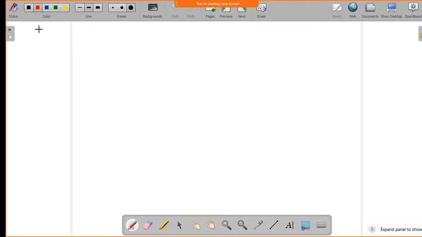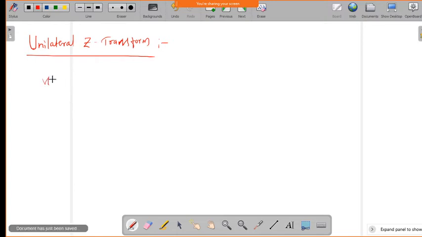Now another concept we'll call the unilateral Z transform. Till now we have found the Z transform for two-sided signals.